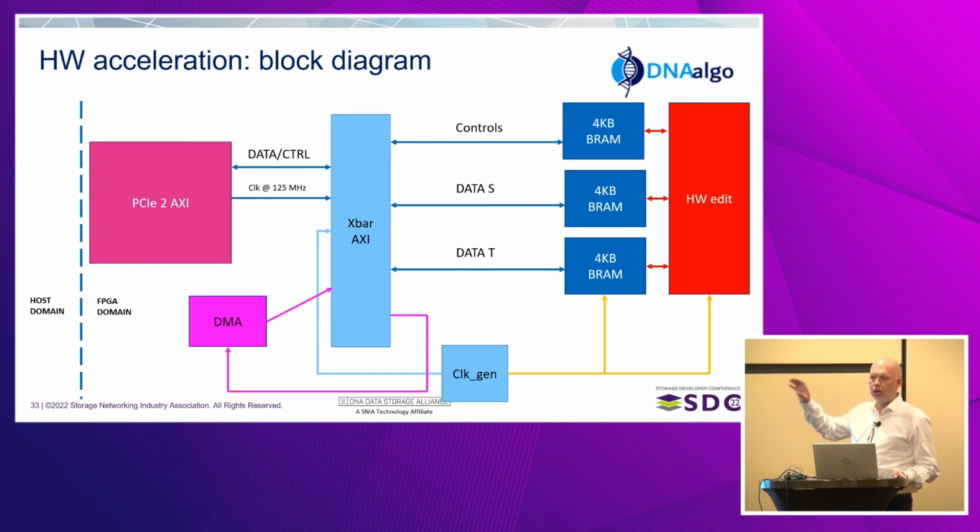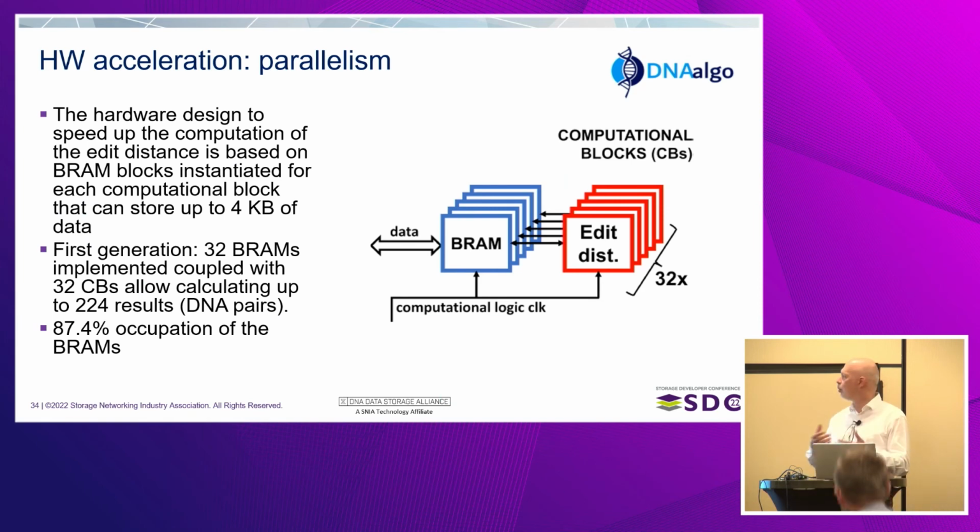So when you go for hardware acceleration, you have two problems, right? One is the communication to the board itself. You need to make sure that it's not taking longer than the calculation done using a CPU.